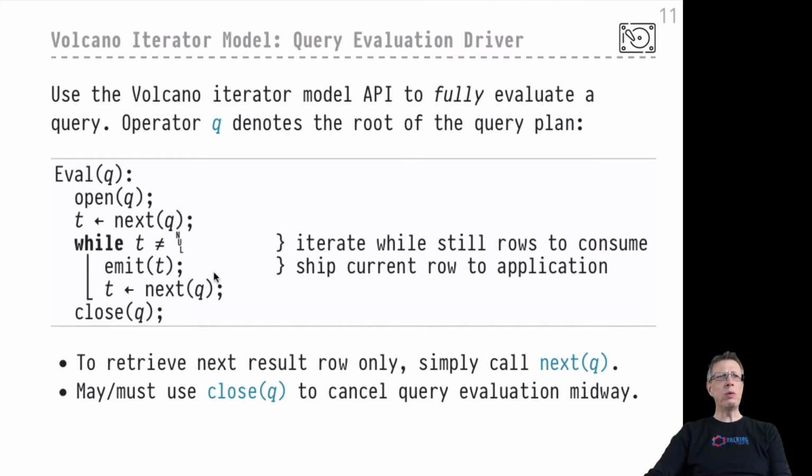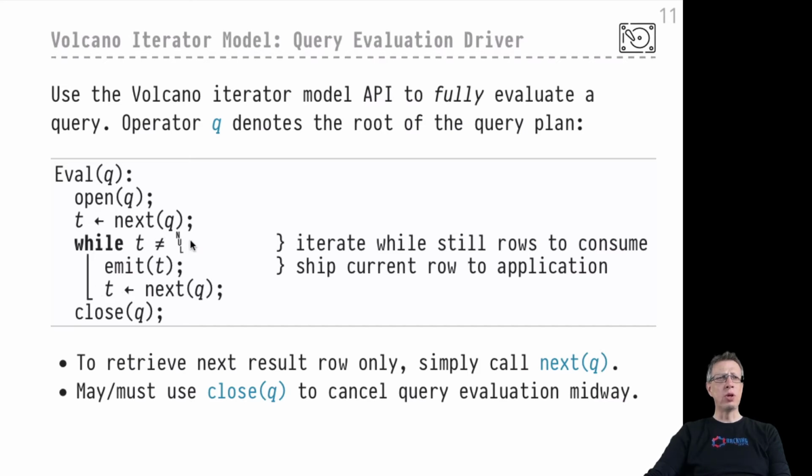Then we would consider to evaluate the next output row. So the plan would be requested to deliver the next output row. Everything is happening on demand here, right? If we don't request that, the plan won't deliver anything else. We demand the next output row. If that is not a null row, we would emit it.